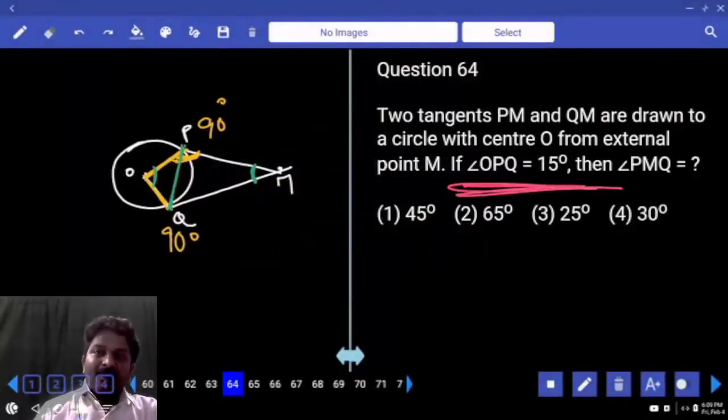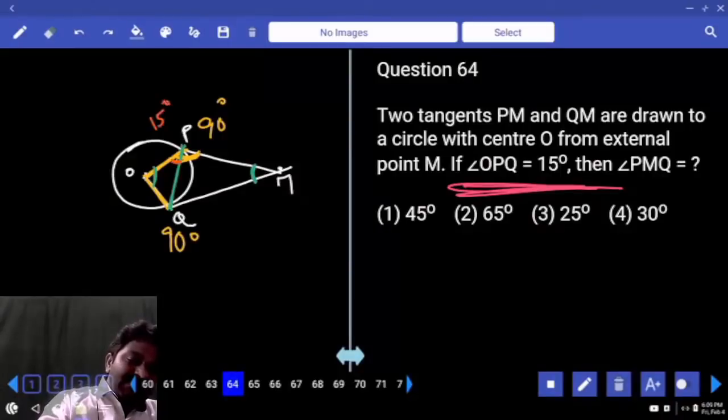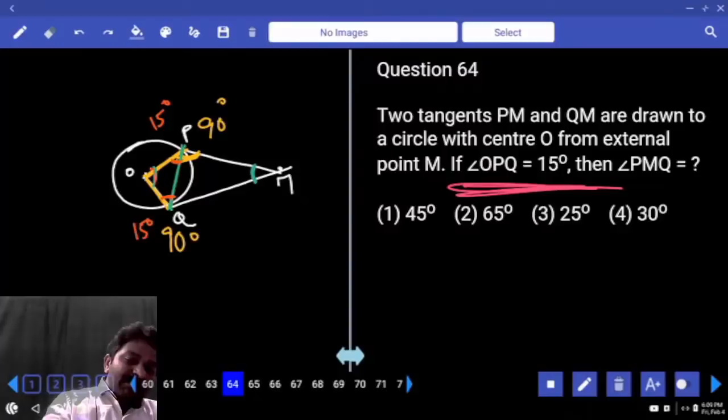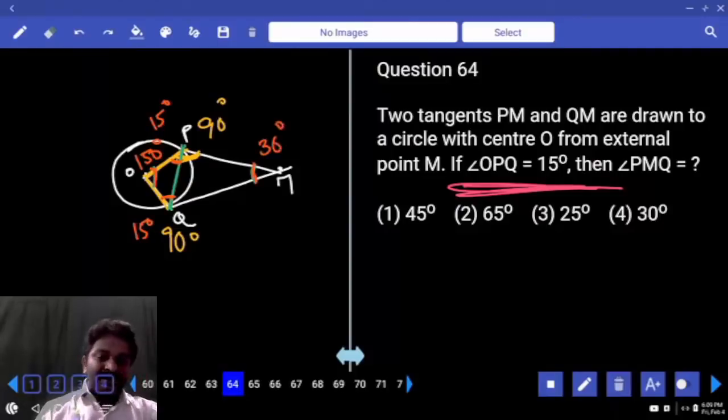If this part is 15 degrees, then at Q also it must be 15 degrees. So for the triangle POQ, 15 plus 15 is 30 degrees. Then what must be the angle at O? 150 degrees. Then angle at M must be 30 degrees.